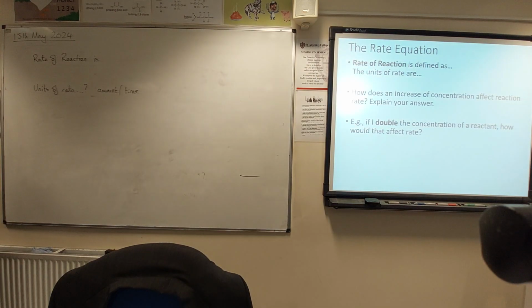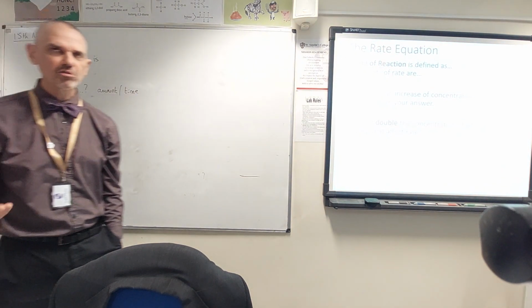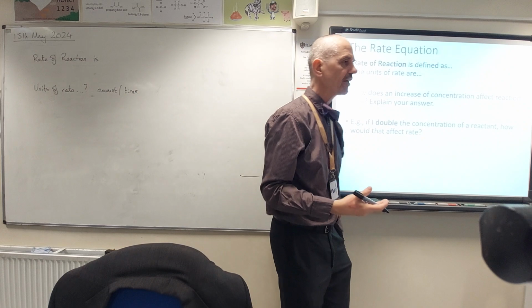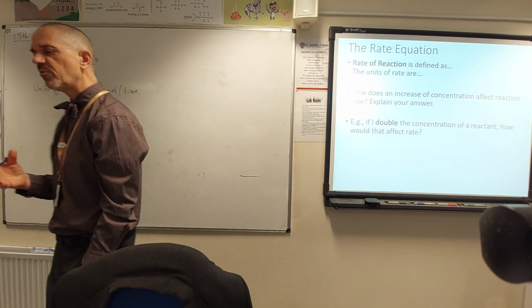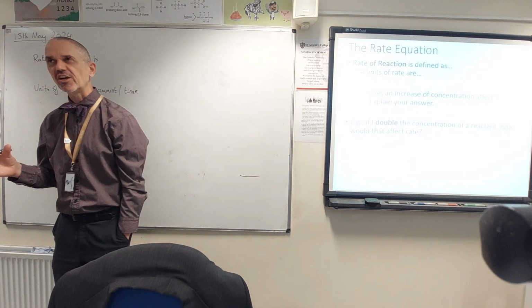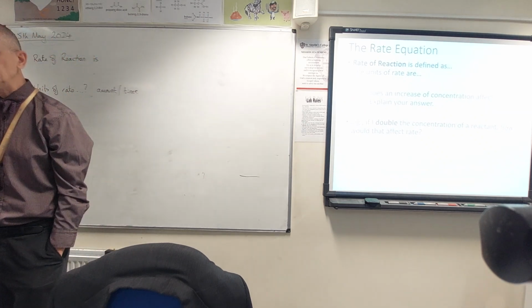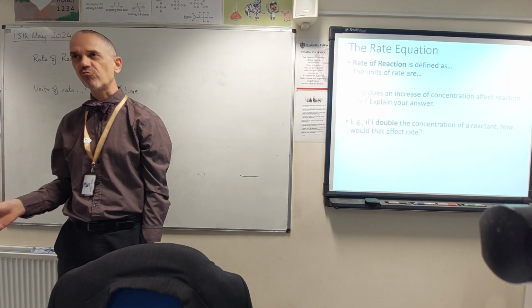There's lots of ways of measuring amount. There's moles and grams and concentration. So we're going to standardize it so that pretty much every experiment you see is going to have the same units of rate.